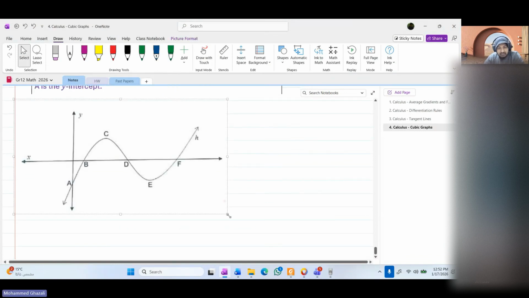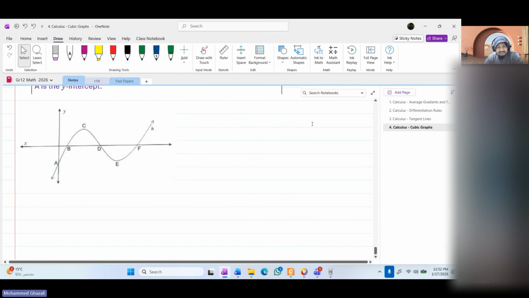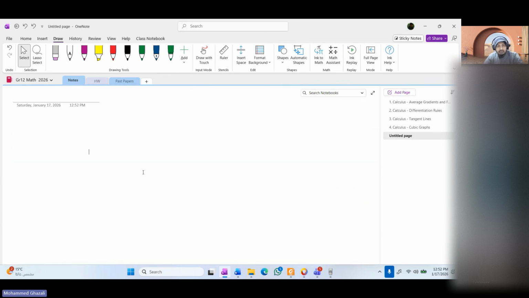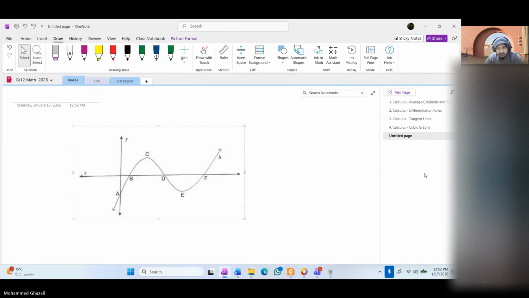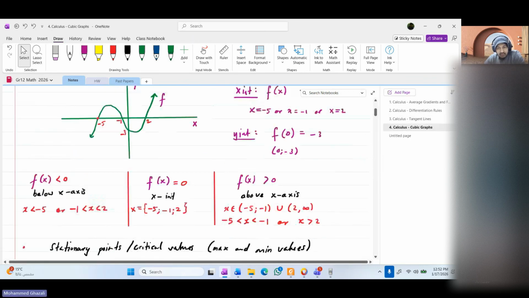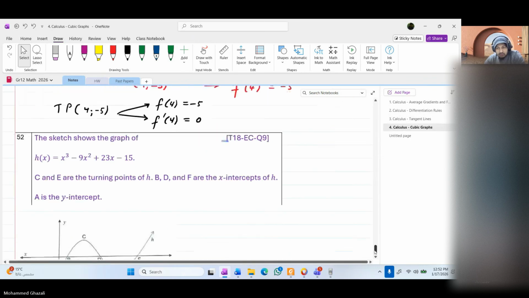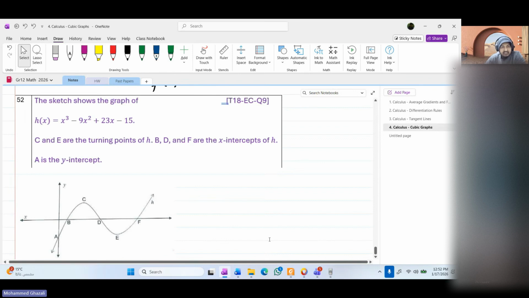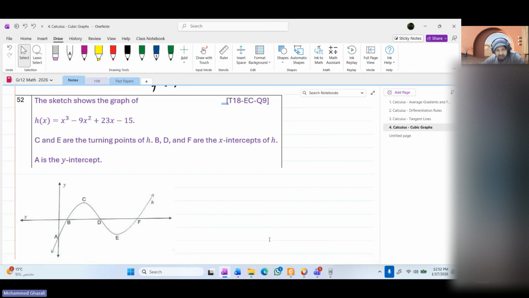Right, so we have this graph here. Okay, I just need to copy this because I need to apply this graph everywhere. Now, let's go back. The sketch below shows the graph of h of x, right? So the cubic function is given. You can check the shape of the cubic function. It is positive.